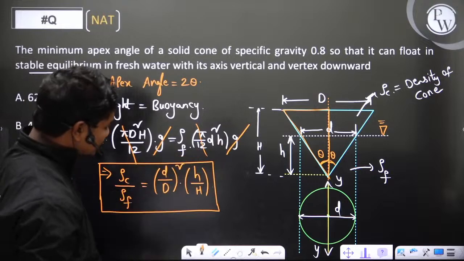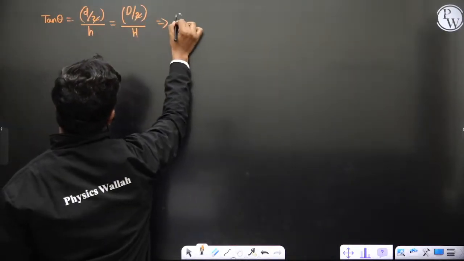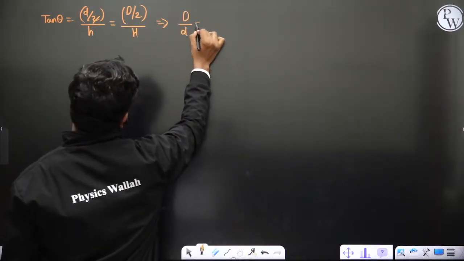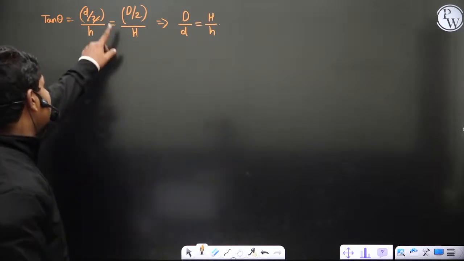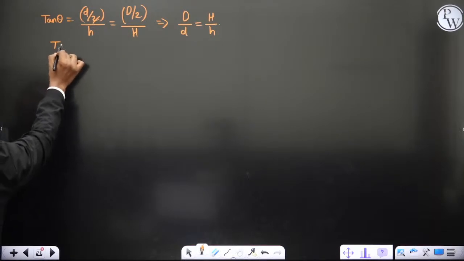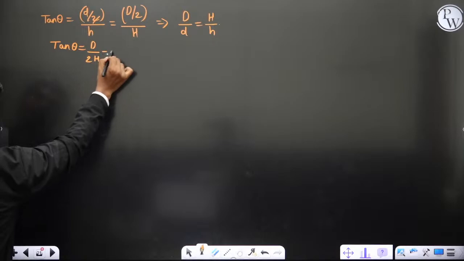So from these triangles, if you cancel 2 and 2, this d by D is same as h by H. So d by D is equal to h by H, and of course tan theta is equal to d by 2h, or it's also D by 2H.